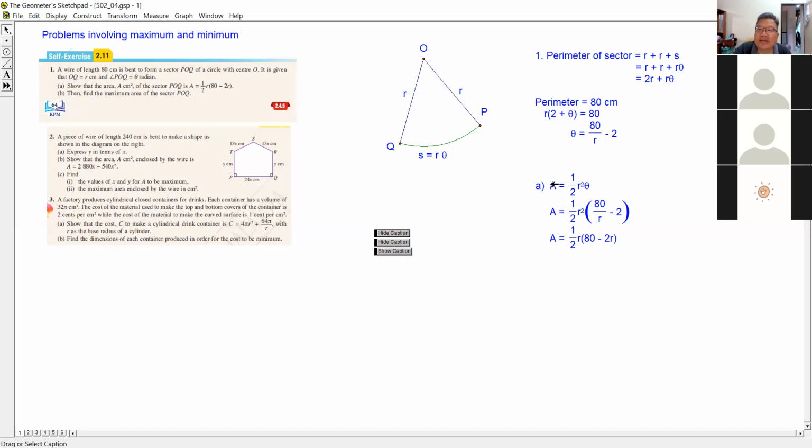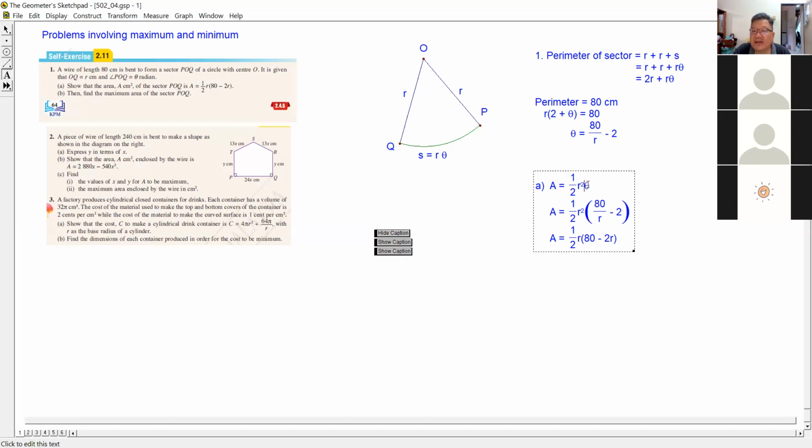So what is the area of the sector? Now we have learned that the area of the sector is half r squared theta. Now if you look at the formula here, there is no theta. So I have to replace this theta here with this thing.